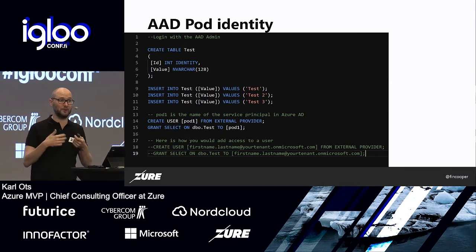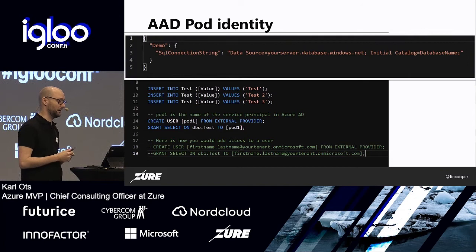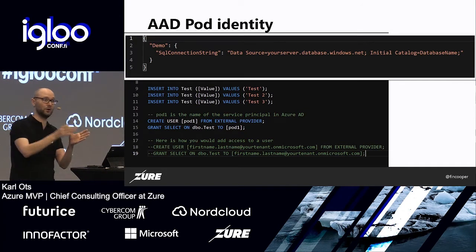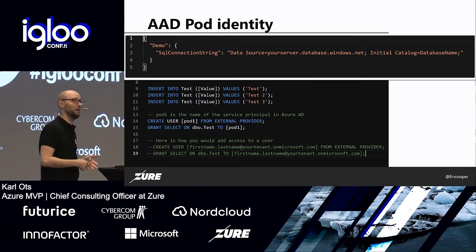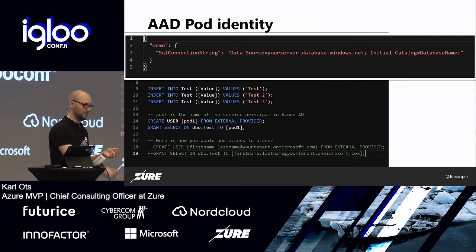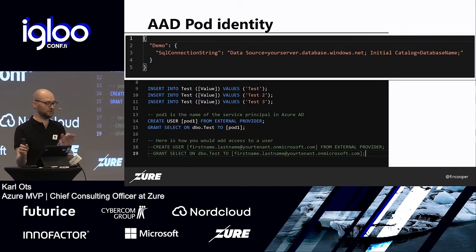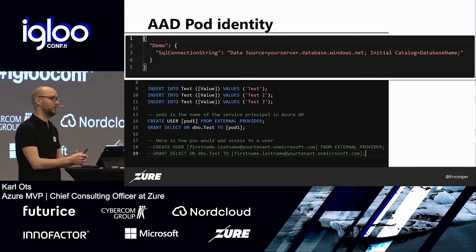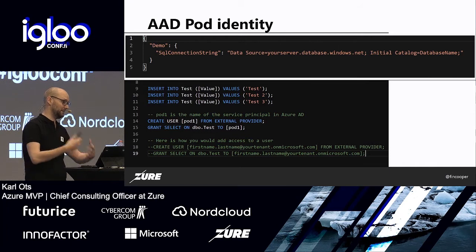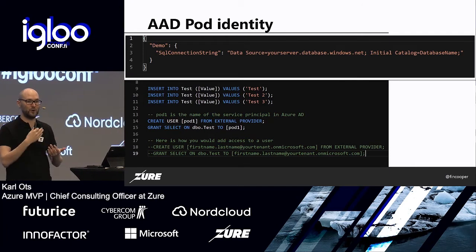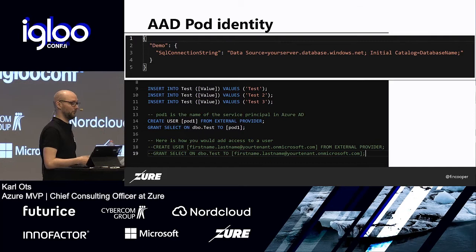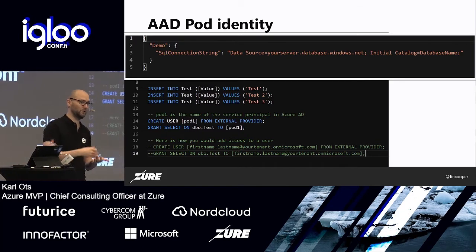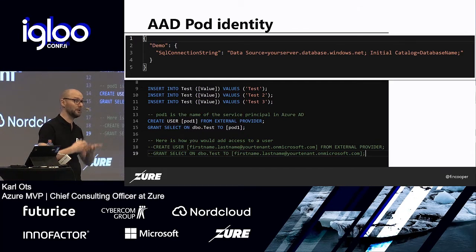And then inside my pod, in my code, instead of defining the whole SQL connection string, I can just say, go ahead and connect to it. This is my connection string, just the name and the server, database name and the server address, and that's it. And the best part is that I can track centrally from Azure AD logs which of these identities are being used and how.